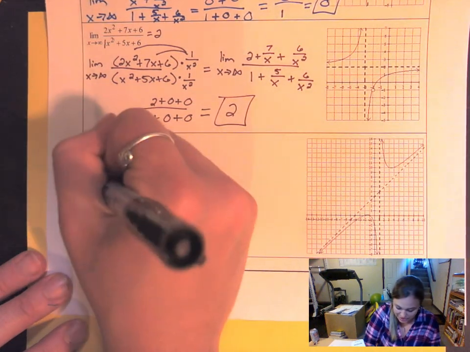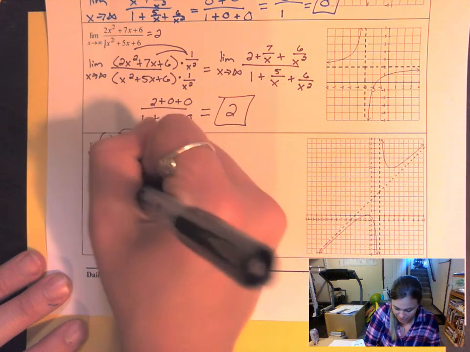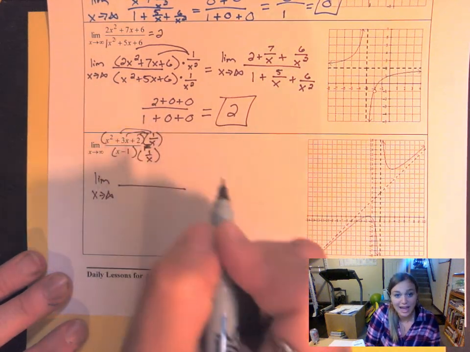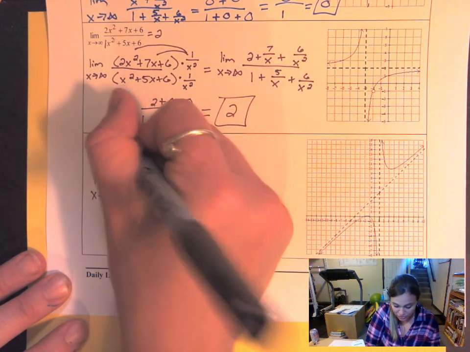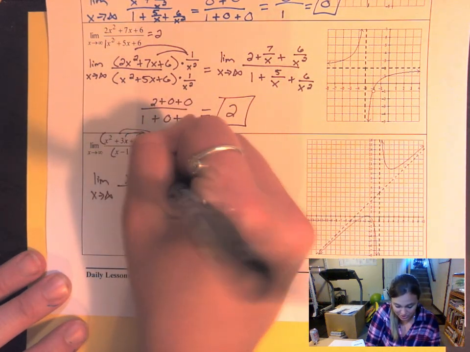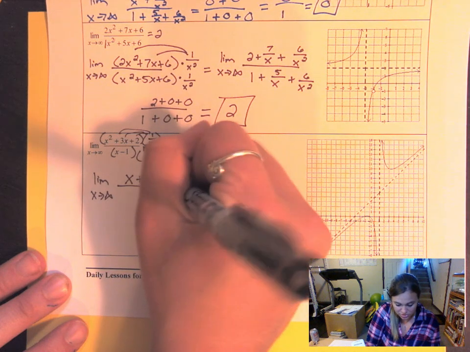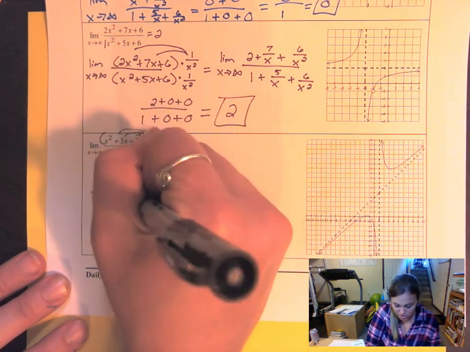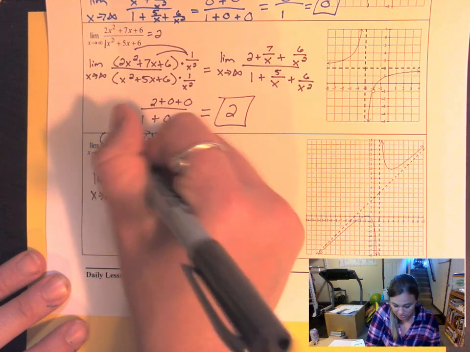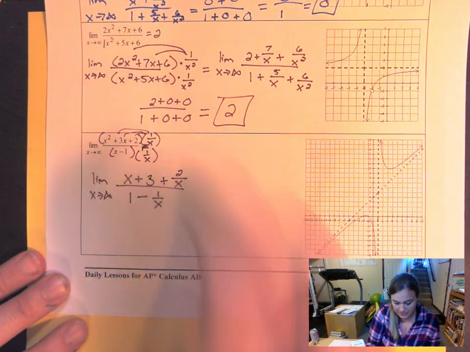And I would get the limit as x approaches infinity. X squared over x, I would just be left with x, plus 3x over x would just be left with 3. This one looks weird. 2 over x. X times 1 over x would be 1 minus 1 over x.